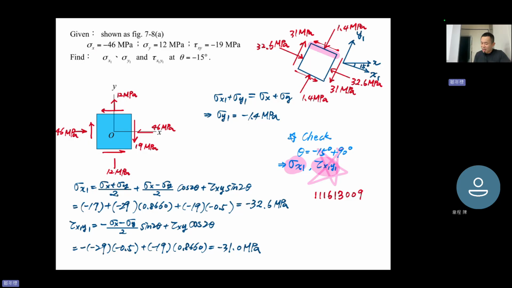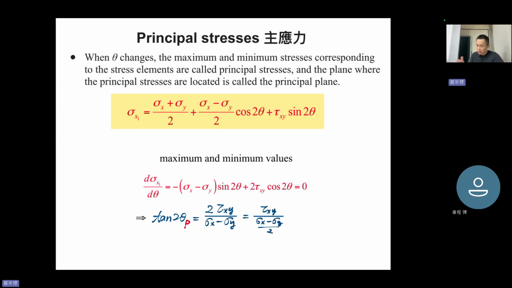If you treat that as a new x1 focused plane, the sign of the shear stress may be different from the sign if you focus on different planes. So we need to be careful about this.